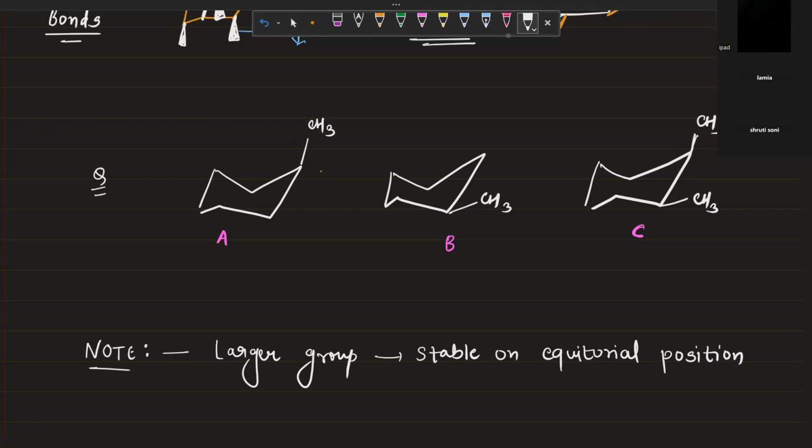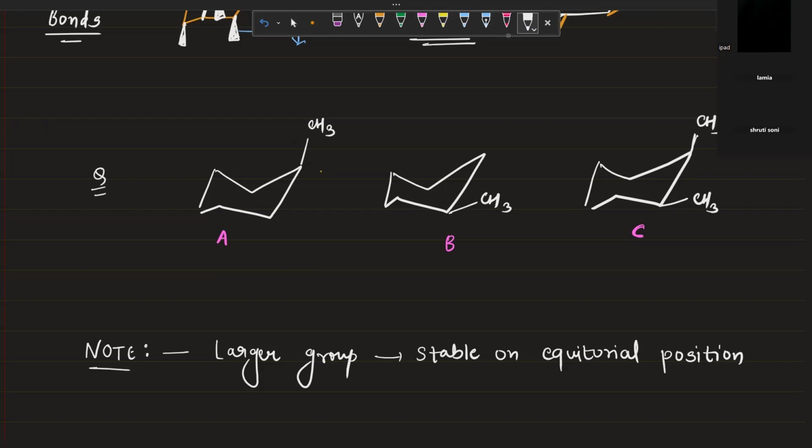Let's suppose on one side I am having CH3, and on another side I am having a tertiary group like tert-butyl. One is methyl and one is butyl. So butyl needs to go at which position, axial or equatorial?